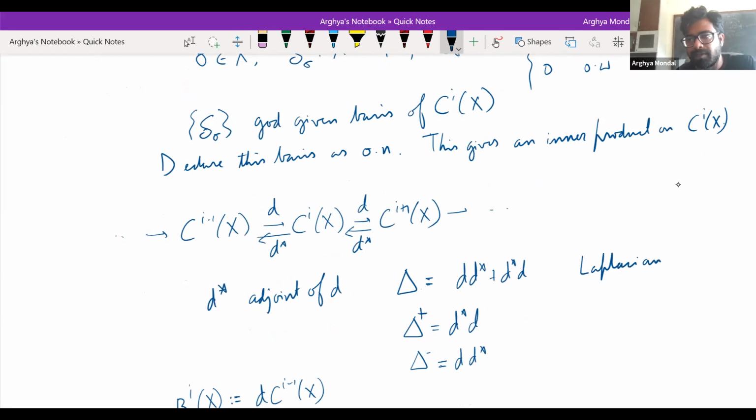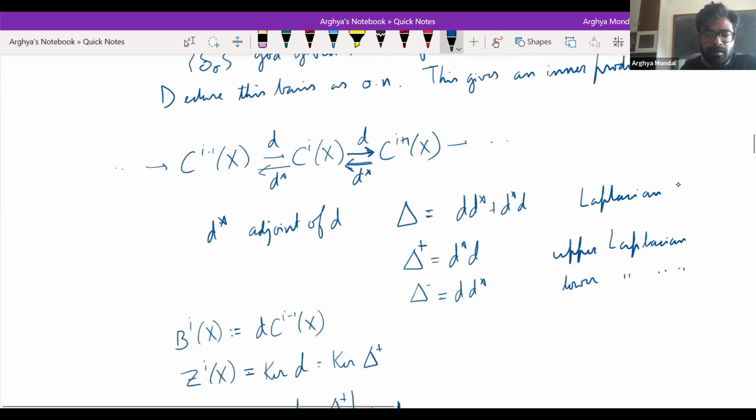This is just like what happens in Riemannian geometry. And then only d star d, which is basically you go on to the right and come back, that part is called the upper Laplacian. This is the one that I will be using in this talk. And you have this lower Laplacian, which is the remaining part.